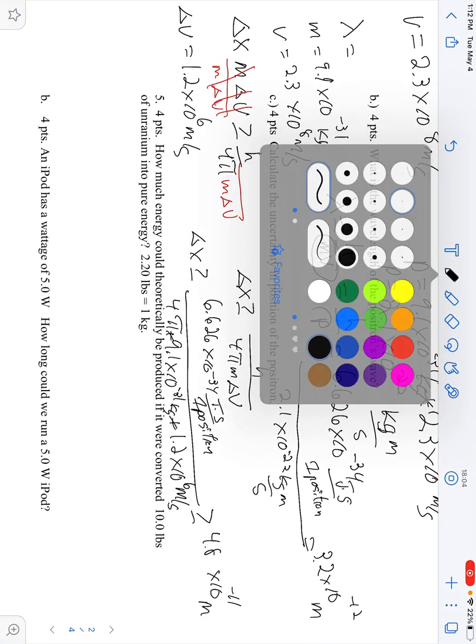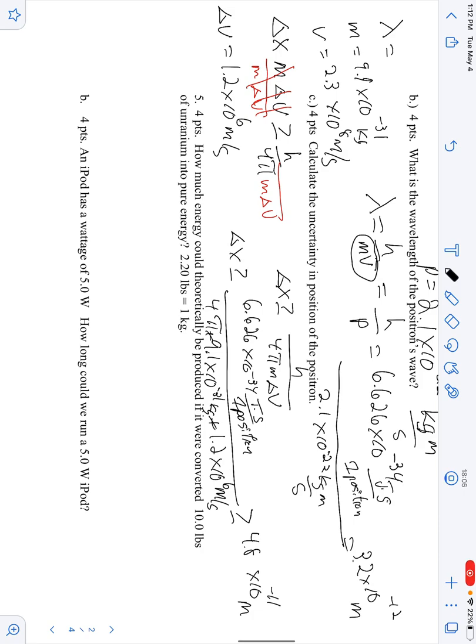All right, number 5. How much energy could theoretically be produced if we converted 10 pounds of uranium into pure energy? Well, I'm going to write down my mass. 10 pounds. First thing we might as well do is convert it into kilograms, because mass must always be in kilograms.